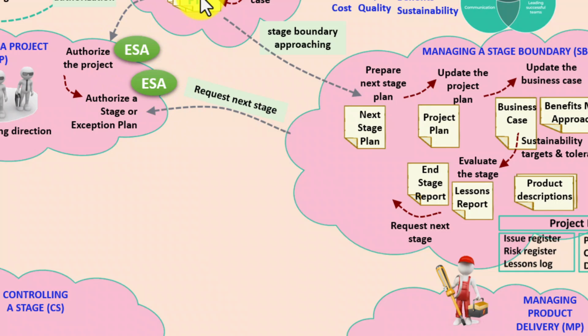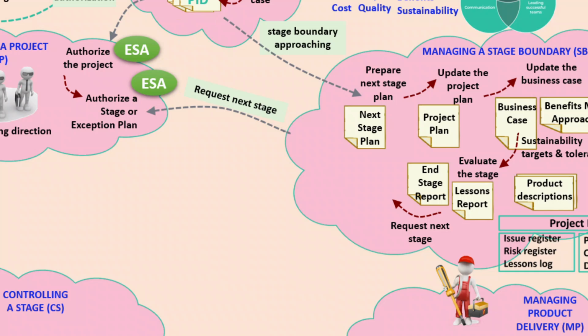For example, when the project manager has got the PID already assembled and ready to authorize the project, he or she could go dive into here, create the next stage plan and all this stuff, and then request the next stage and have these 2 points being one meeting. Again, it's about tailoring and suitability for the project, whatever makes good sense.